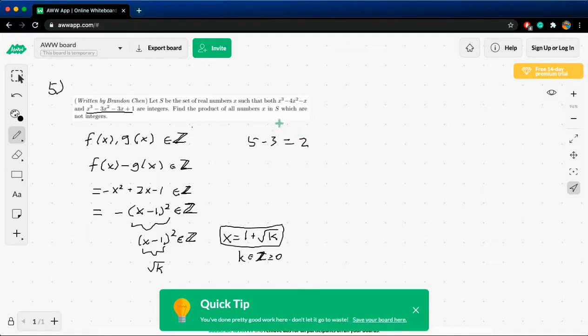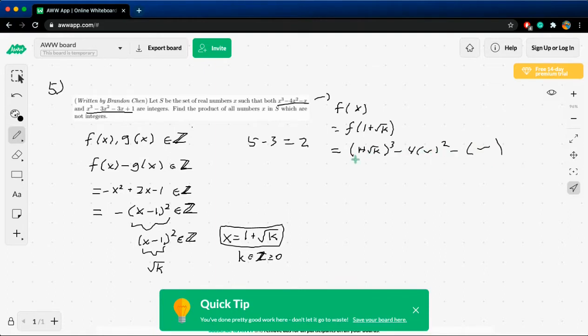Now we plug it back into either one of these equations. I'm going to do this one because it's easier. So we know that f of x is an integer, which equals f of 1 plus square root of k, which equals 1 plus square root of k cubed minus 4 times it squared minus itself.